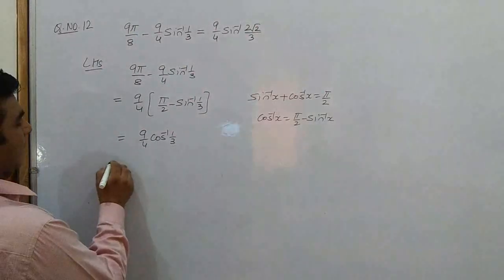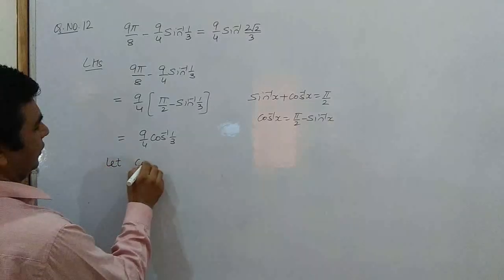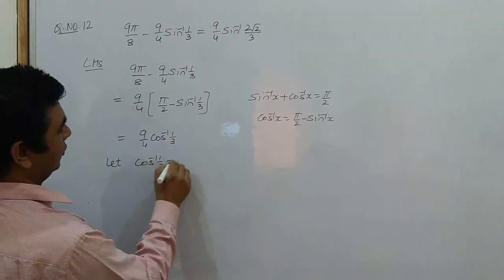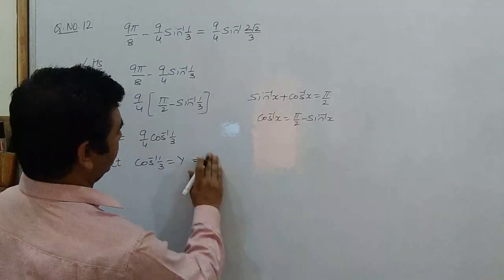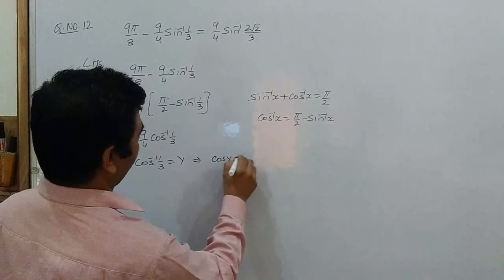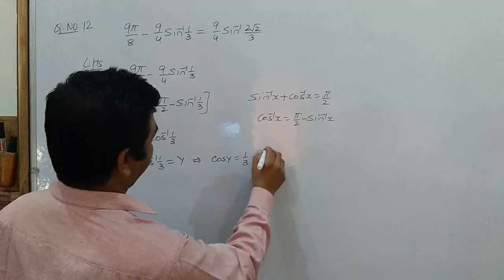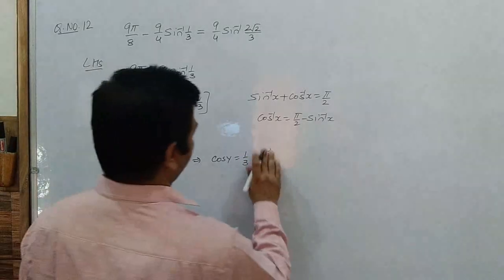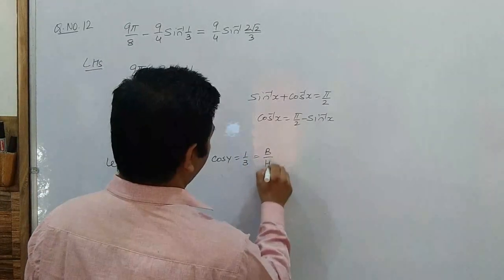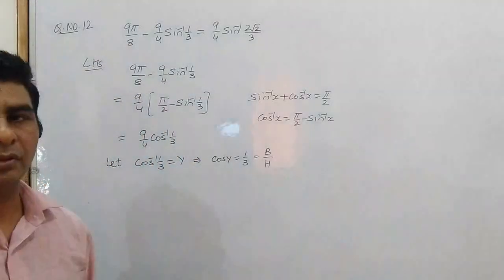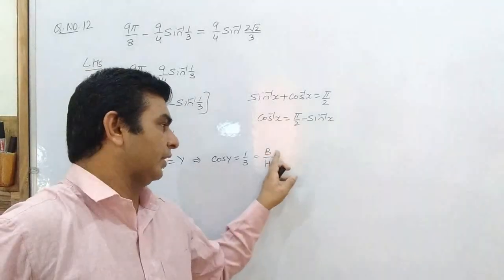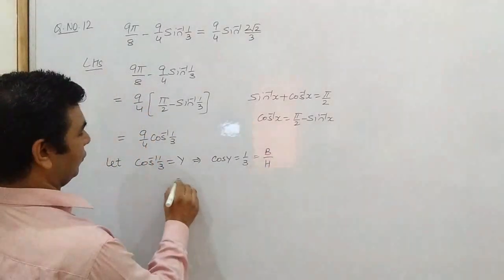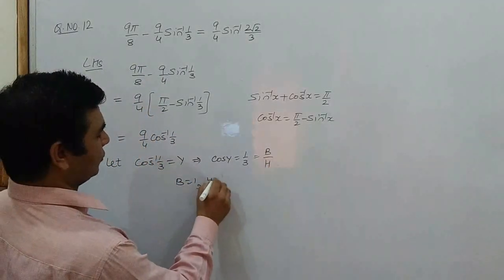So for that, let us take cos inverse 1 by 3 is equal to y, which implies cos y is equal to 1 by 3. Cos theta is equal to base upon hypotenuse, where base is 1 and hypotenuse is 3.